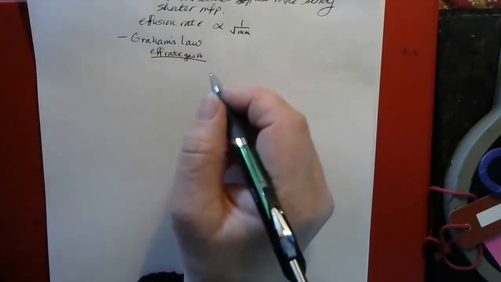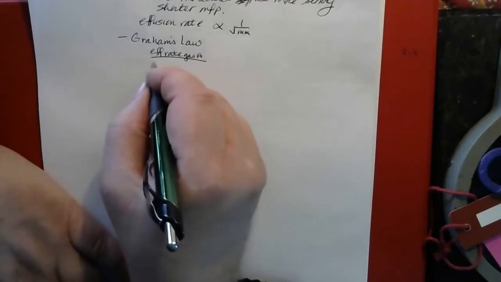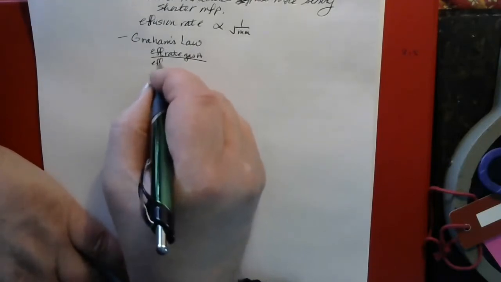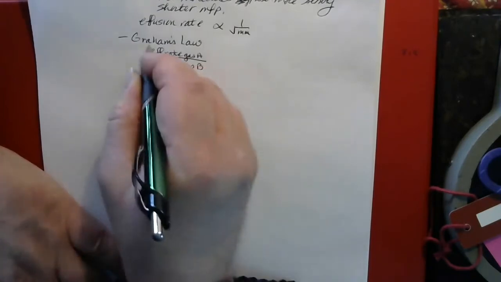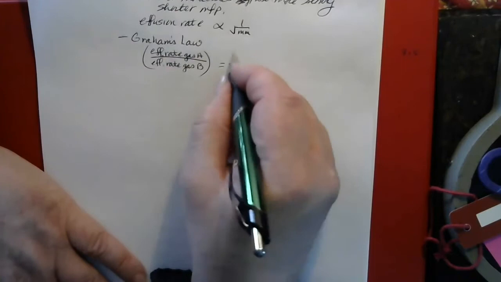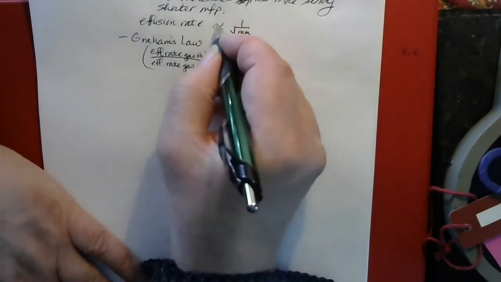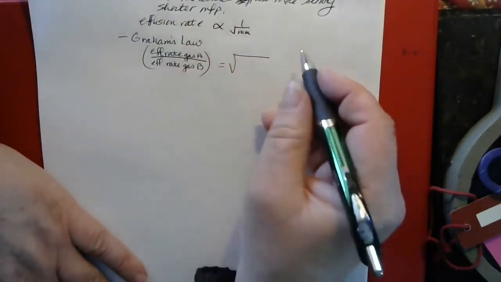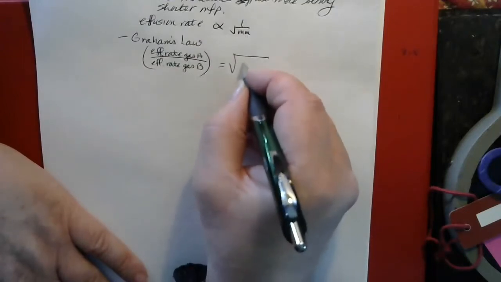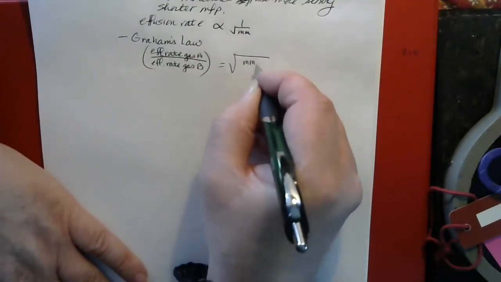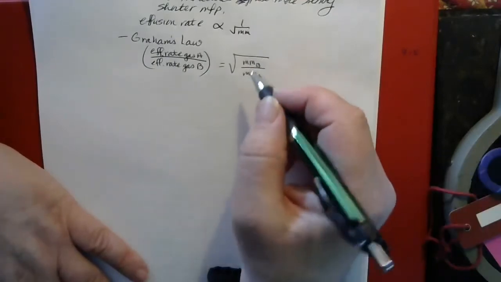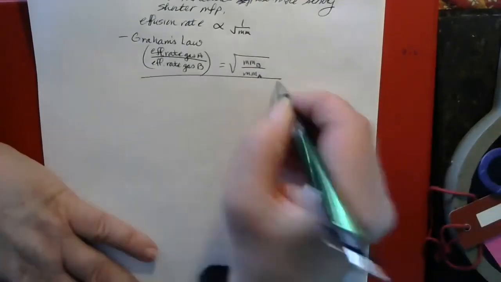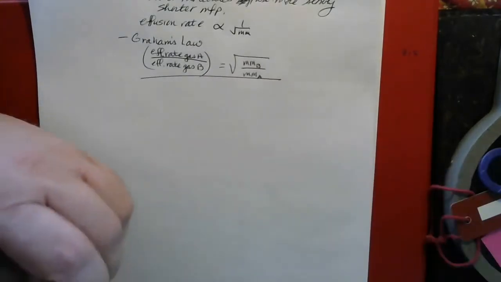So you can compare the effusion rate of gas A to the effusion rate of gas B. And since the effusion rate is proportional to 1 over the square root of the molar mass, that's actually going to be equal to the square root of the molar mass of gas B over the molar mass of gas A. So you switch the two gases around when you're taking the square root of their molar masses. And that is Graham's law for effusion.